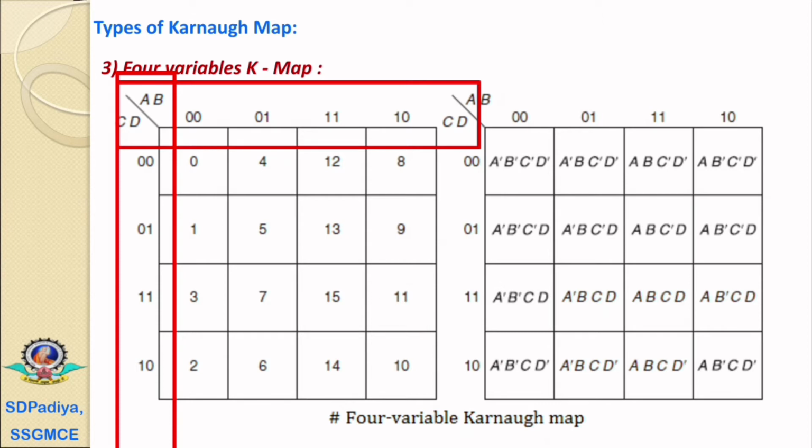Means for the first column it is 0, 1, 3, 2. For the second it is 4, 5, 7, 6. For the third 12, 13, 15, 14. And for the last it is 8, 9, 11, 10.